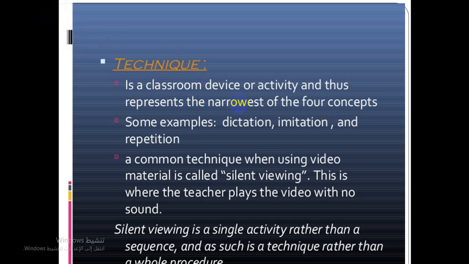In other words, a technique is what the teacher actually does in the classroom to implement a method, which is in turn consistent with an approach. So a technique is a classroom teaching device, and thus represents the narrowest term of the four concepts, which are approaches, procedures, methods, and techniques.